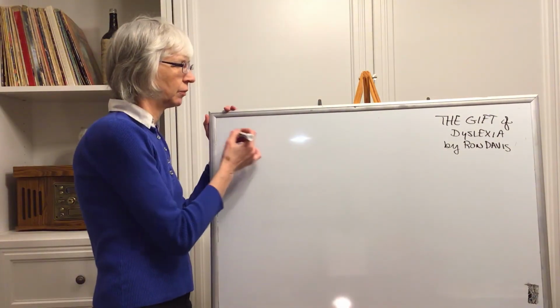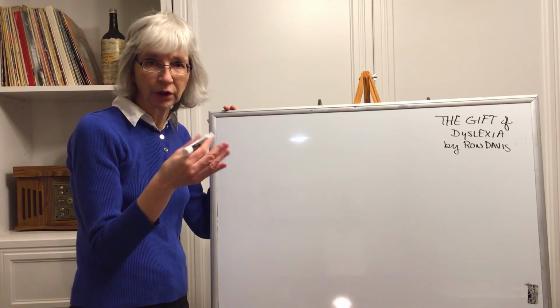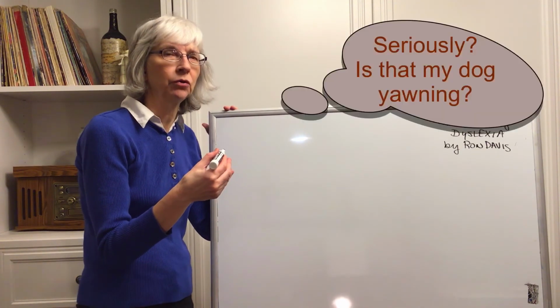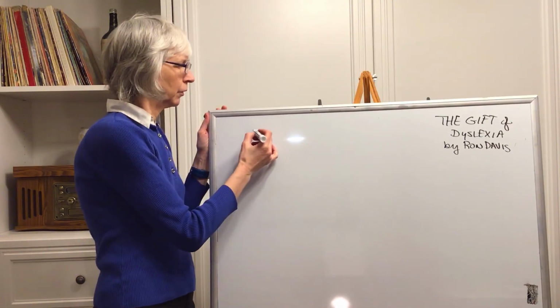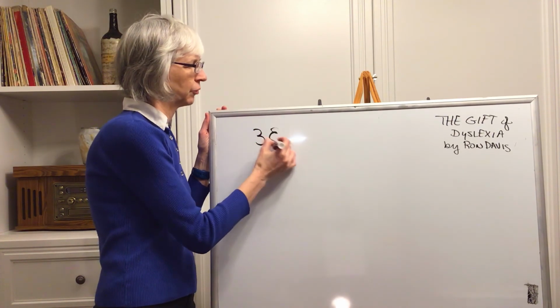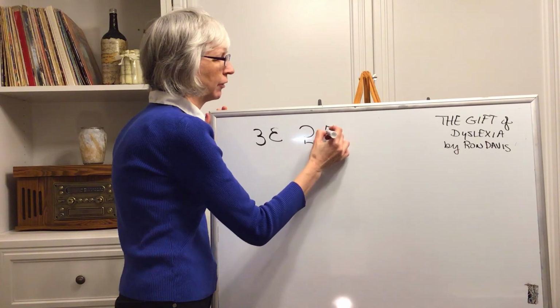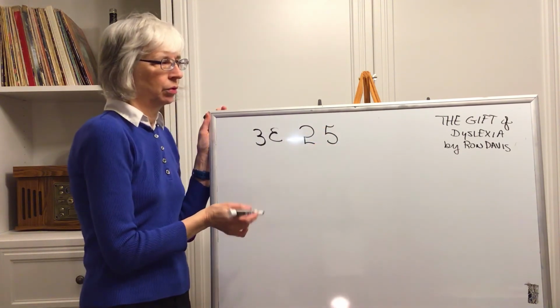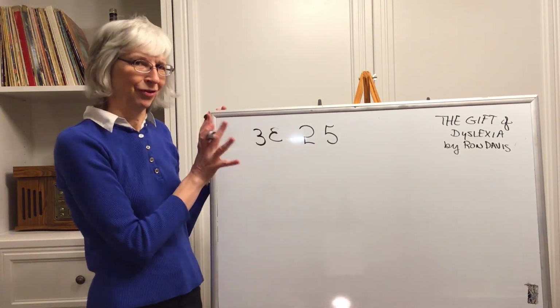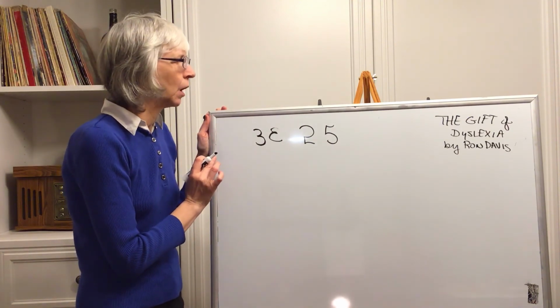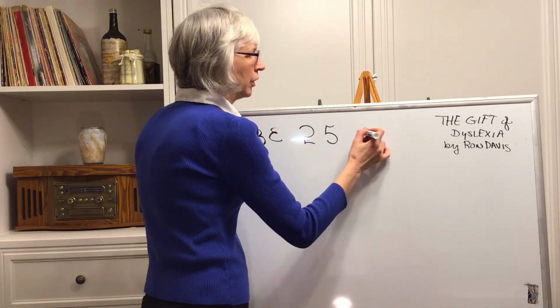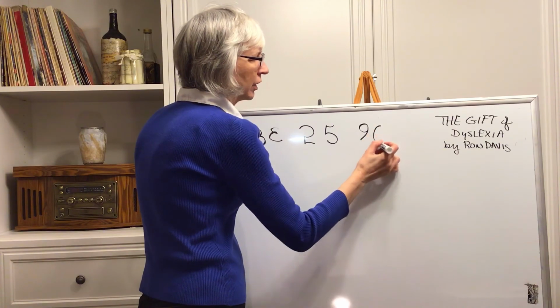They have a hard time distinguishing letters and numbers because they spin them around. Does the 3 go this way? Does the 3 go that way? A 2 looks very much like a 5 if you just tweak it a little bit. Of course, the 9 and the 6.